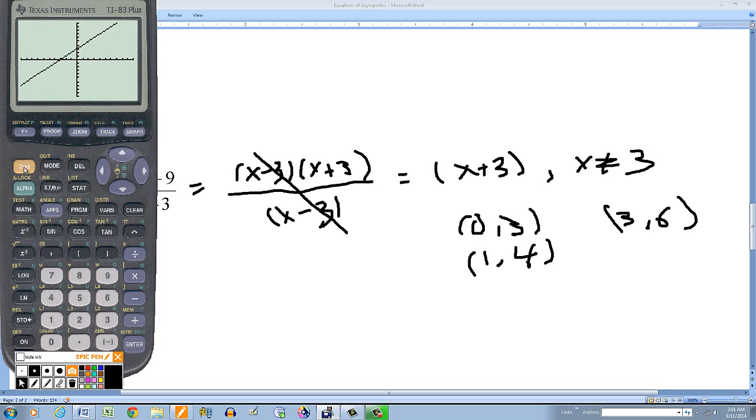And then just to confirm what I said, if I go to the table, notice the calculator tells me that for this line, x cannot be 3. When x is 3, I get an error. So basically, it's a line with the point (3, 6) deleted. Okay.